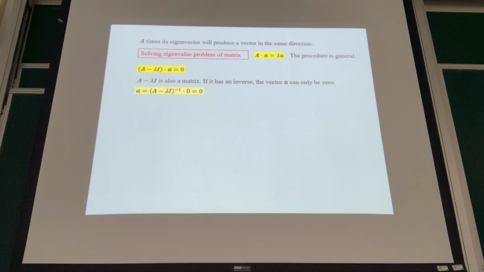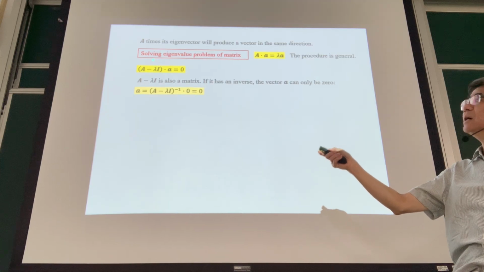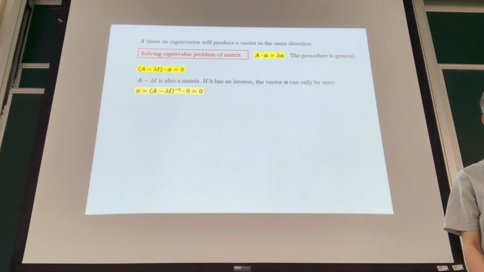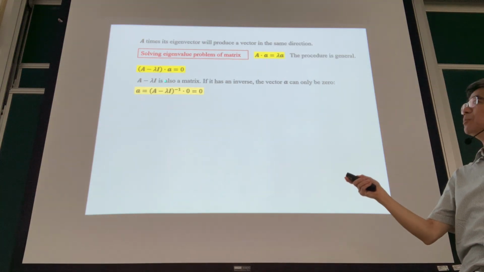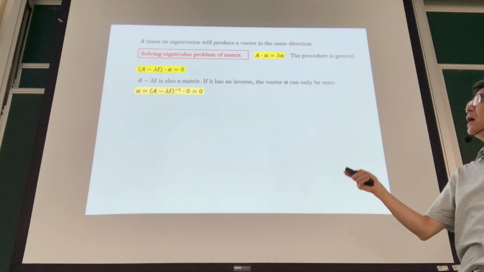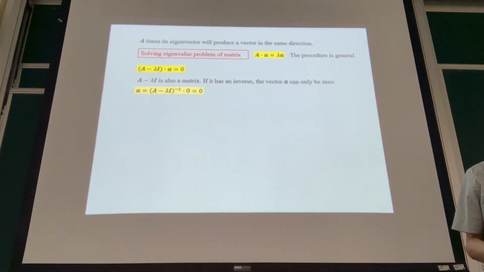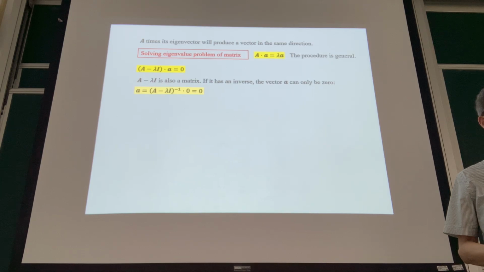It is 1, 0, 0, 1. So this matrix A minus lambda I times a equals 0. As I showed you several times already, if A minus lambda I has an inverse, then the vector a could only have one solution, that is 0, 0, which we are not interested in.